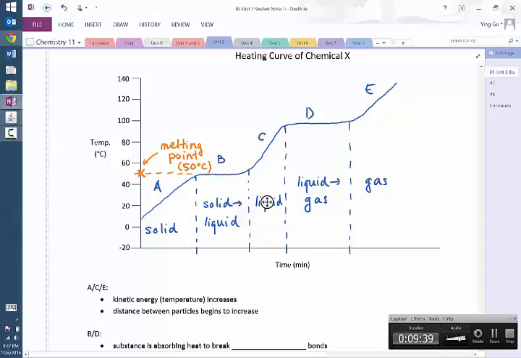Okay, so that is the melting point. Then we have another special point right here. This is the liquid to gas, roughly right here. What does that look like to you? Maybe 95 degrees, perhaps? What do we call that one?